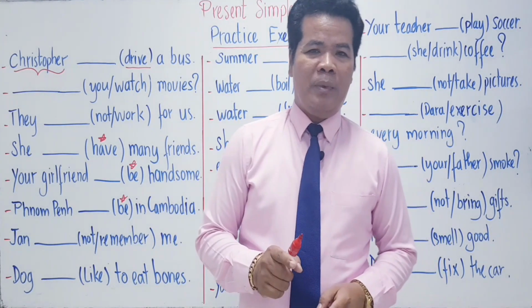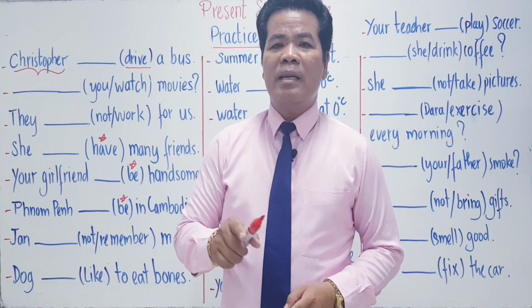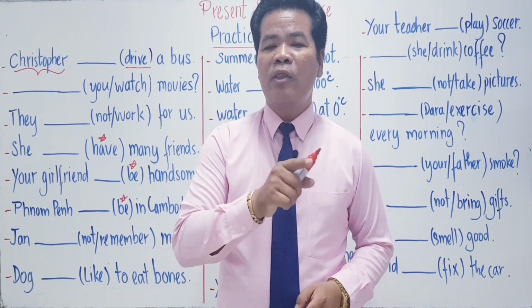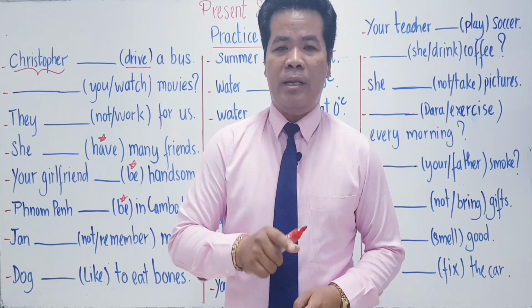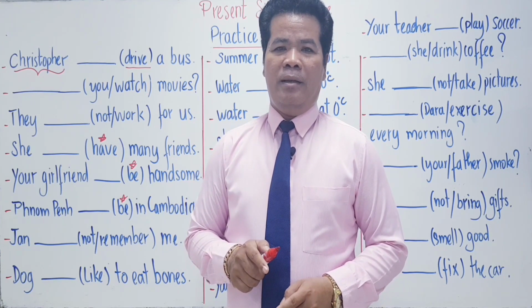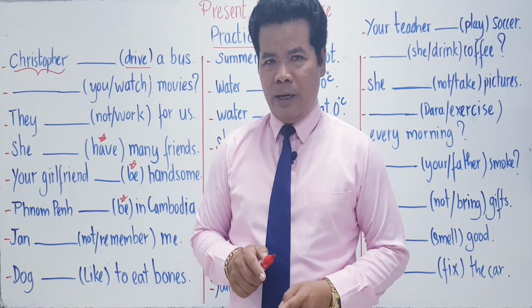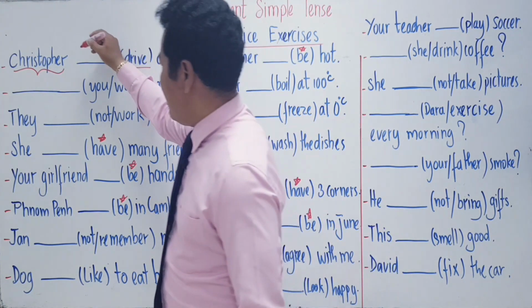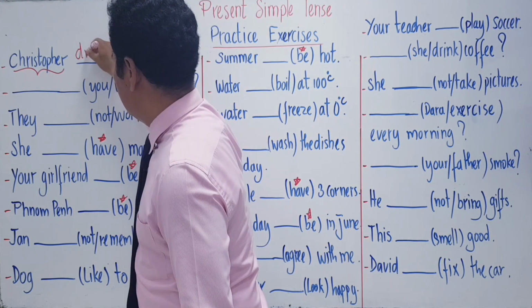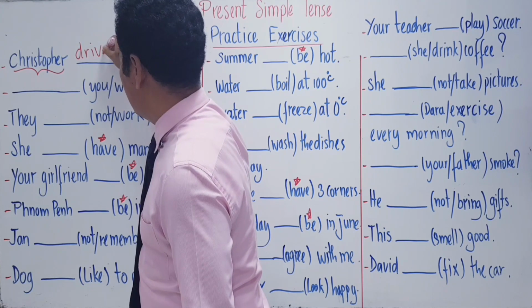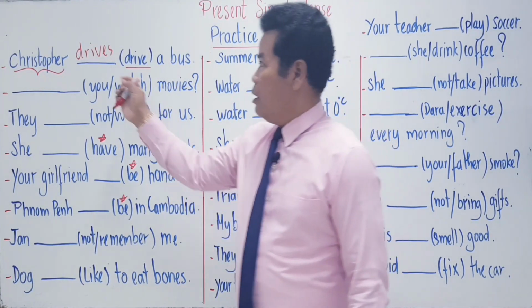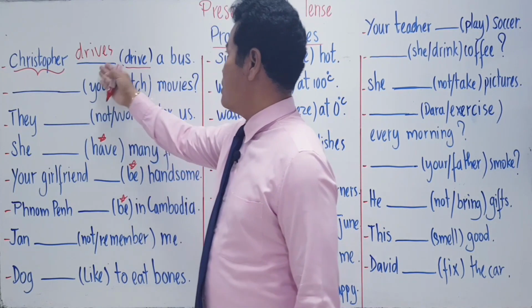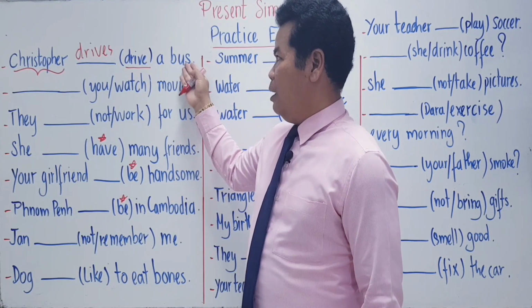Most of the verbs must be added S when you use them with the third person singular in the present simple tense. Okay? You remember? Right? So we have drives. Alright? Christopher drives a bus.